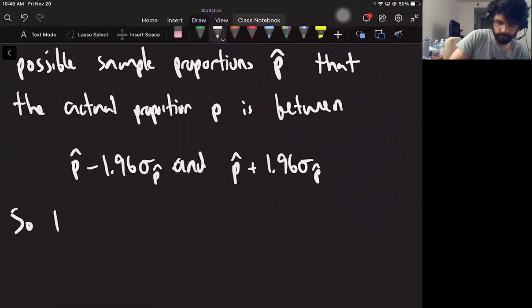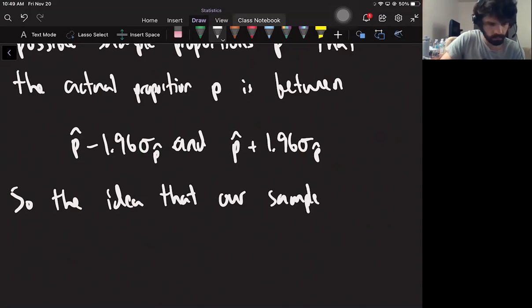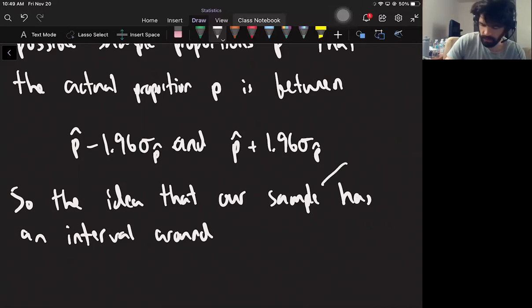Okay, so what we're going to do is not going to be so theory heavy, so don't worry too much. But the idea is that our sample has an interval around it. And in this context, our sample is always going to be called a point estimate, because it's like the initial estimate of the actual proportion.